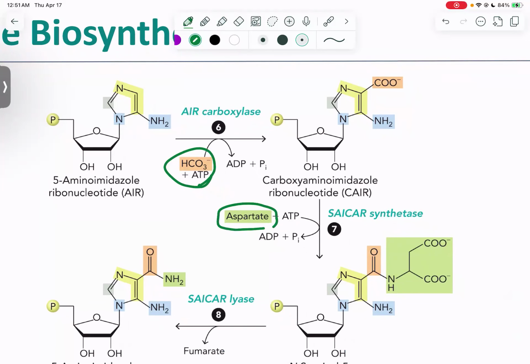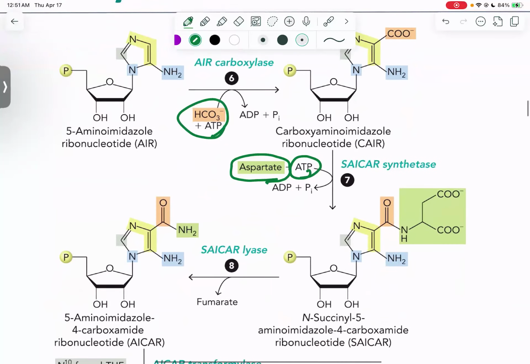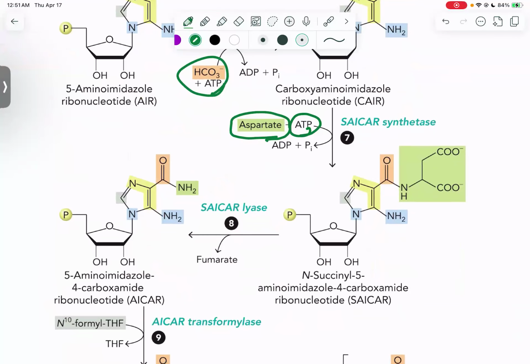Then we're going to take a nitrogen-containing group and a carbon skeleton from aspartate, and that is also going to take, guess what, ATP. Oh my goodness, we're getting expensive, right? All right, and then we're going to start replacing over here our carboxylate groups with amine groups, right?